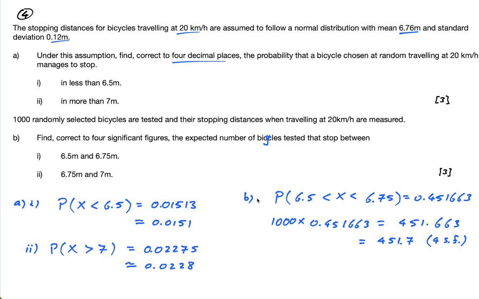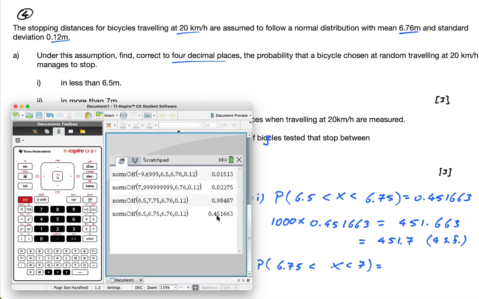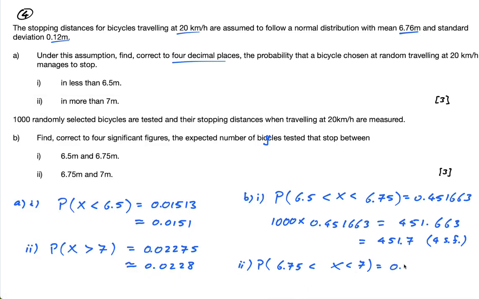Second one, I'm just going to do it the exact same way. This is now the probability that x is between 6.75 and 7. So same thing here, guys. I'll just copy this, 6.75 and 7. 0.510457.